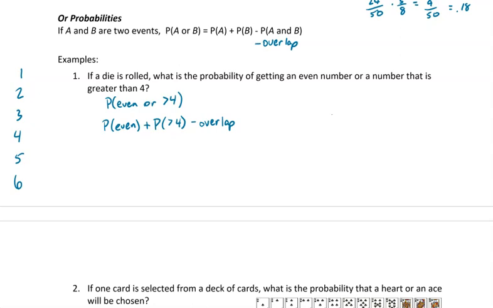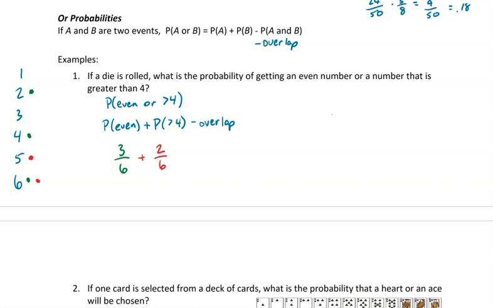Okay, so let's do these one at a time. Probability that it's even. There are 1, 2, 3 even numbers. So that's 3 out of 6. Probability that it's greater than 4. There are 1, 2 numbers greater than 4. So plus 2 out of 6.